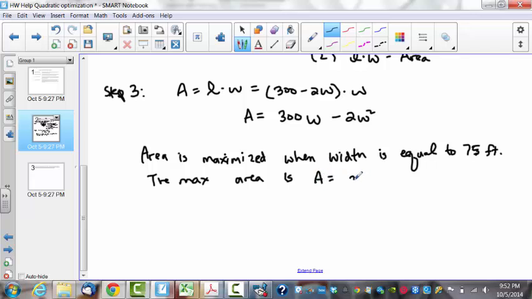Area equals 300 times 75 minus 2 times 75 squared. And let's just confirm that.